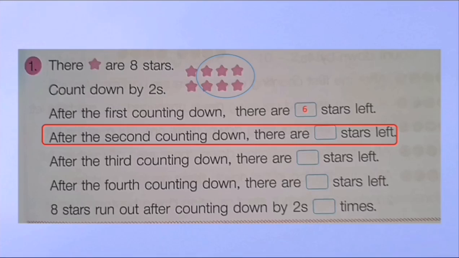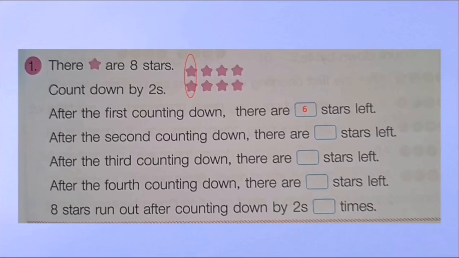After the second counting down, there are blank stars left. Okay, let's try to check. So this is our first countdown by twos, and then we have our second countdown by twos. So how many stars are left?